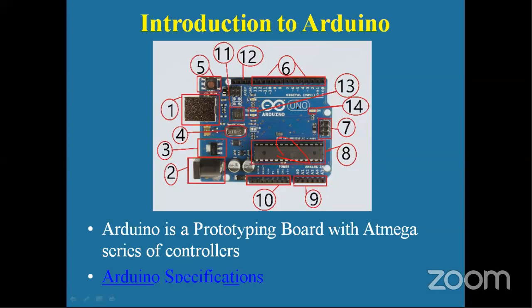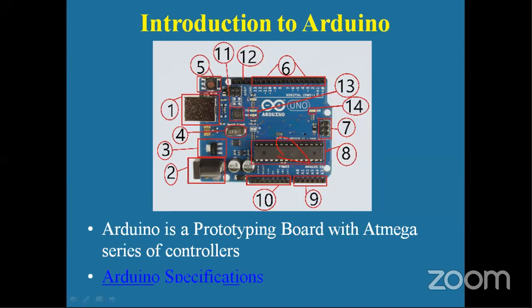Arduino is developed by an Italian company. There are different flavors of Arduino: Arduino Uno, Arduino Nano, Arduino Mini, and Mega. I'm talking about the prototyping board. It depends upon how much power you require. In some cases you require only a few GPIO pins, so you go for a Mini.